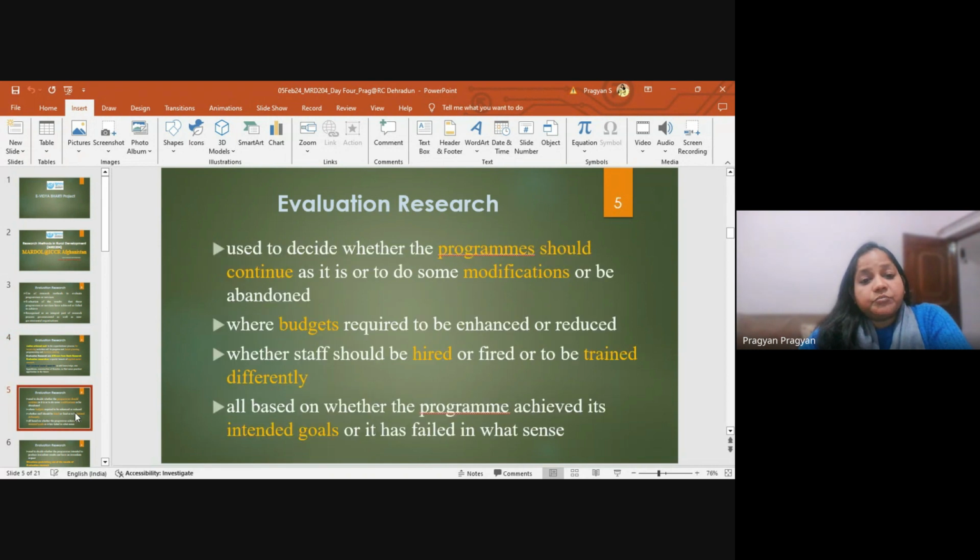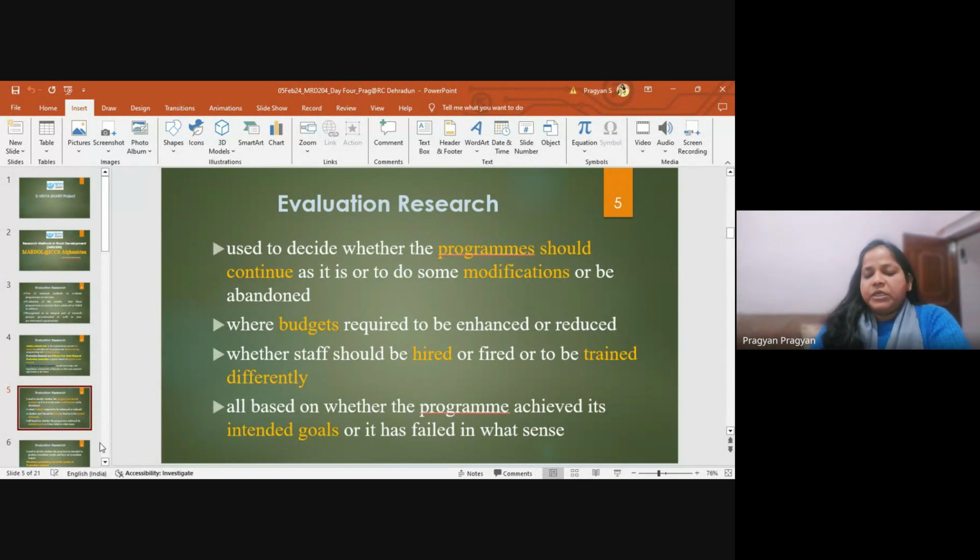Evaluation research is completely different. Now let's see how it is different from basic research. Why? Because on the basis of evaluation research, we decide whether a program should continue or has to be modified. And even in a kind of cost and effect analysis, if it is going to be very costly but is not actually helping us, we can also abandon a particular program.